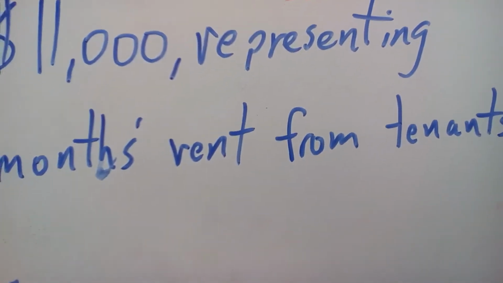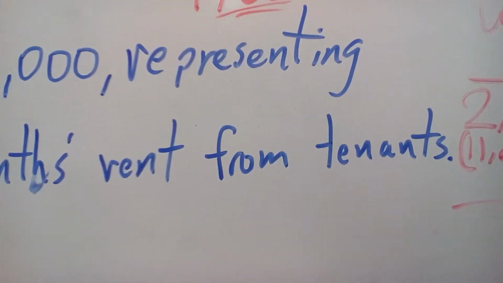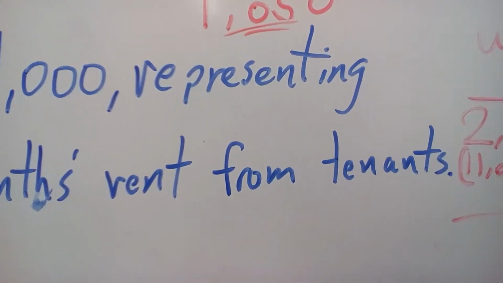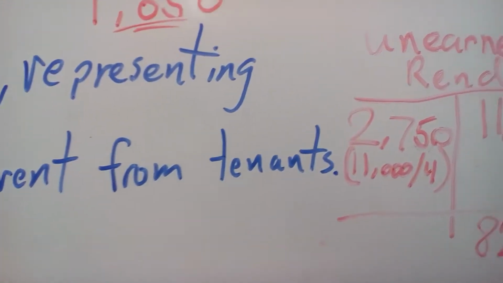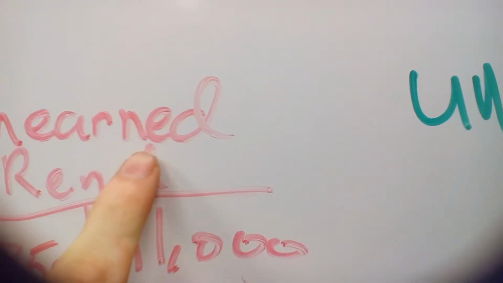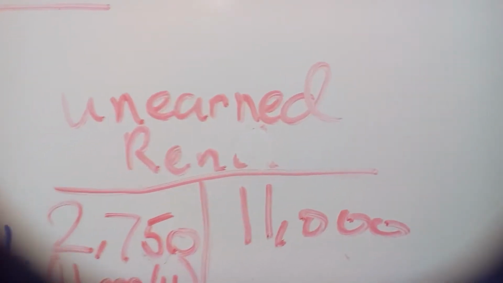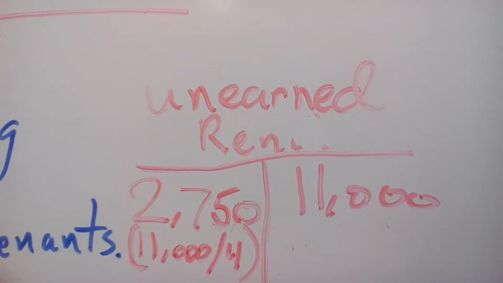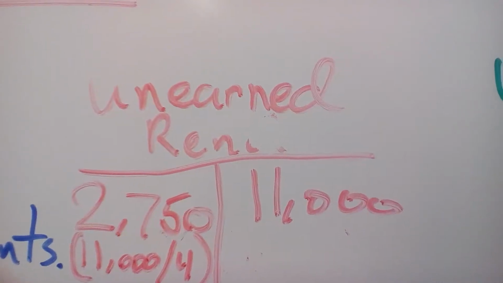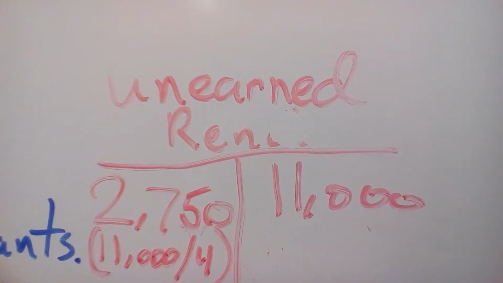So the tenants paid 4 months in advance on the 1st, but now it's the 31st, so legally we can claim a month's worth of that rent. Here's our unearned rent, not rend. Sorry, I'm trying out these new color markers, but I don't know if they work as well as I thought.